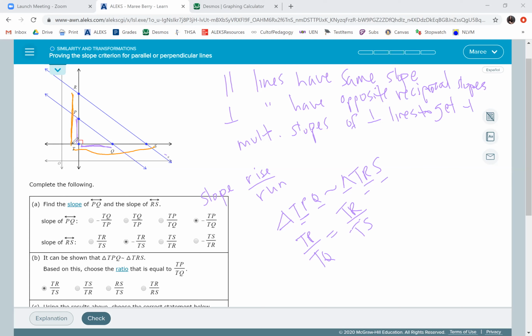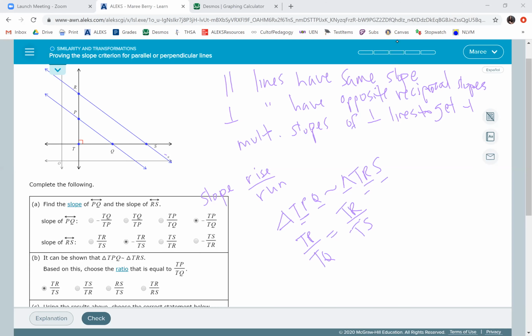So it's going to be TR over TS, and you have to go in the same order. This one went TP, so we go TR. TQ, so TS. It has to be the same parts of the triangles. This was the whole triangle, and we did those two sides, so we need the other two on our ratio. Okay, we'll erase those.